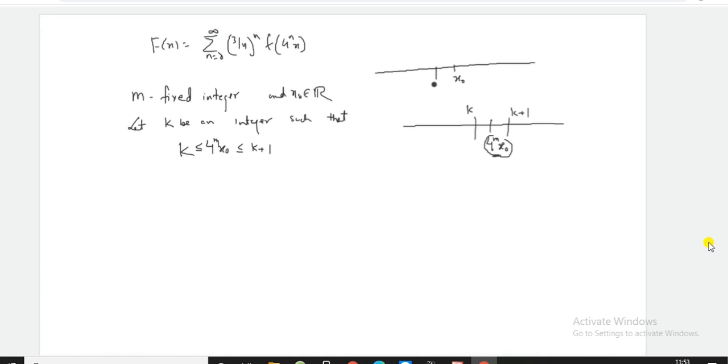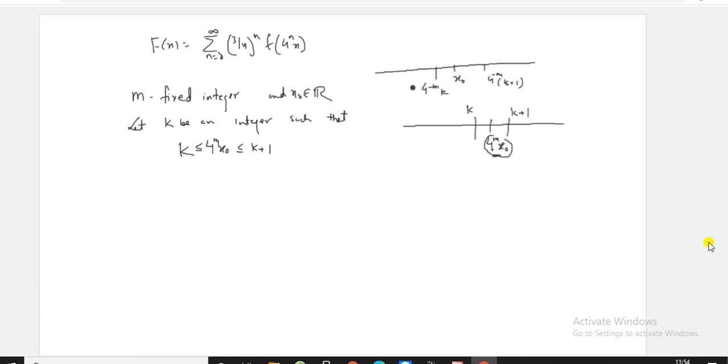So you will get 4 to the power minus m into k, which is a number just before x0, and 4 to the power minus m into k plus 1 is a number just after x0.